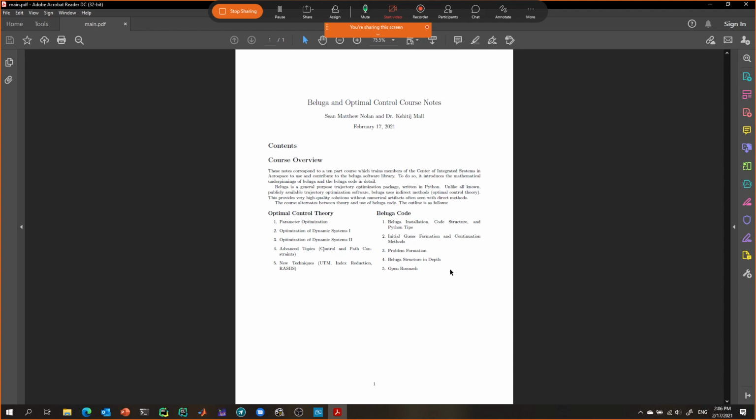We're going to then cover the initial guess and information and continuation methods, setting up problems in the storage path, going into the structure of Beluga in depth, and then discussing some open research, like ways that the code could be improved, and also, if you're interested in more research topics, that kind of thing.